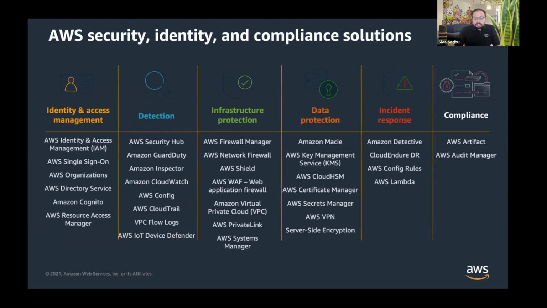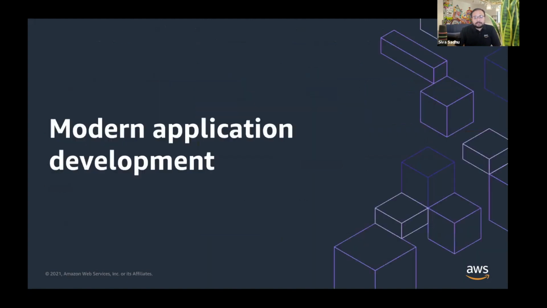AWS also provides managed services across the spectrum of identity and access management, threat detection, infrastructure protection, like firewalls and AWS Shield, for protecting your data that is stored on AWS, any of AWS services, tools to respond to incidents, and a service to look at the compliance and compliance artifacts.